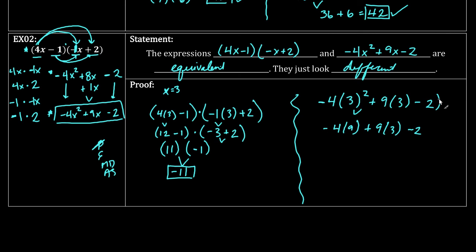So we did our exponent. We're going to multiply and divide from left to right. Negative 4 times 9 is negative 36, because a negative times a positive is negative. A positive times a positive is a positive 27. So positive 27 and negative 36: the 27 goes away, and there's 9 negatives left. Negative 9 minus 2 is negative 11. So these are, in fact, equivalent.